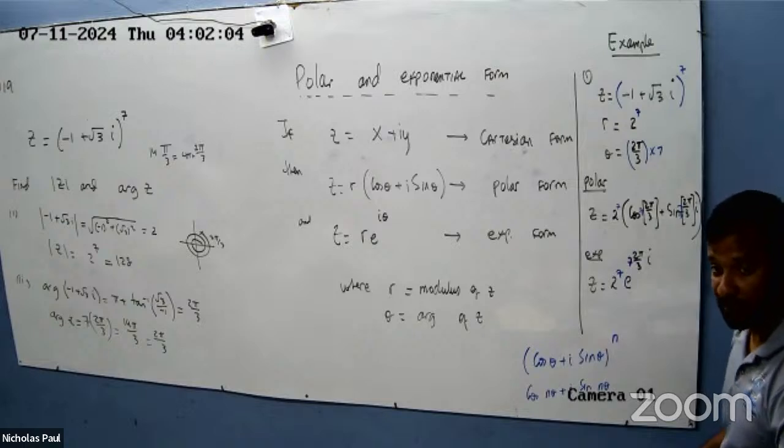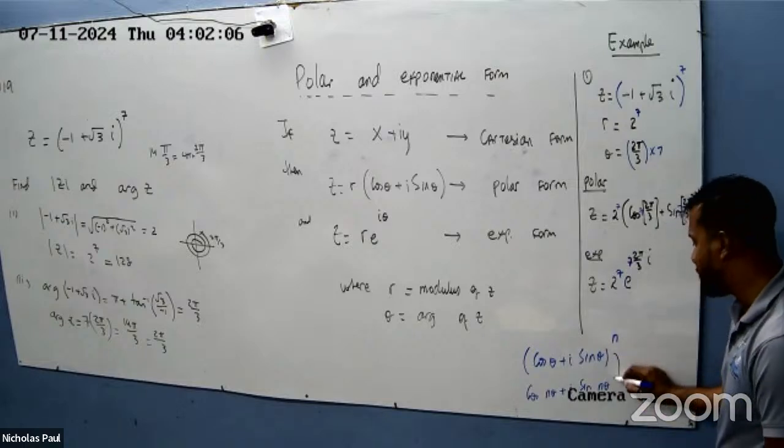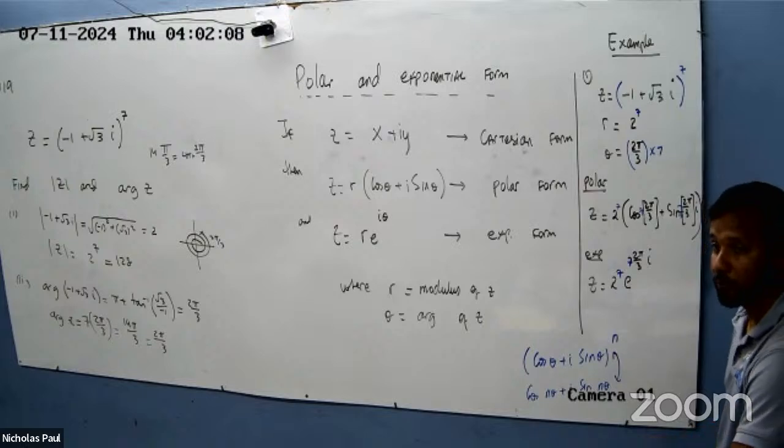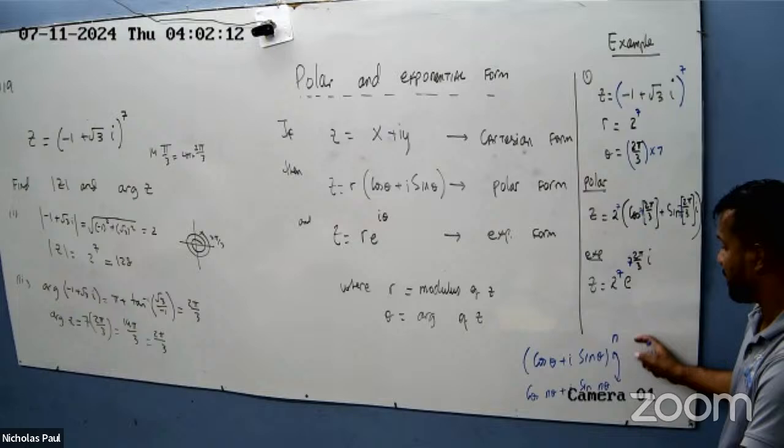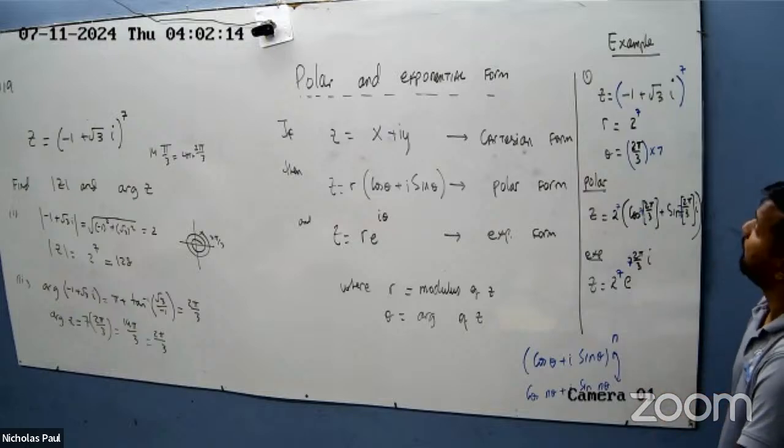Now see that? So he said that these two things here are equal. You're seeing that, right? Okay, so that's the principle behind De Moivre's theorem.